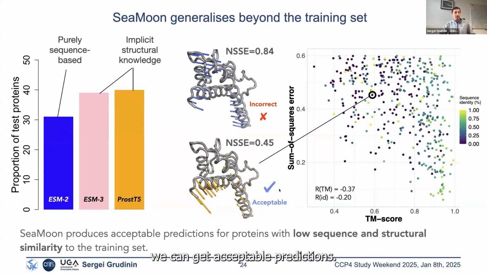For example, we can get acceptable predictions, so those below the 0.6 threshold, for the test cases which have low structural identity, so TM scores below, for example, 0.6, and low sequence identity.